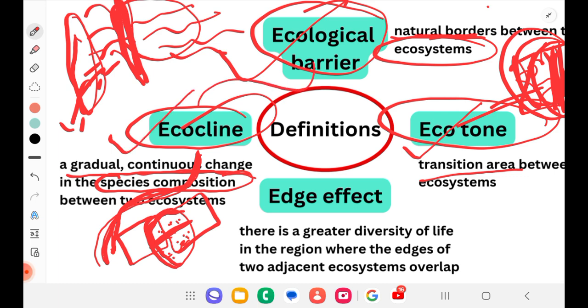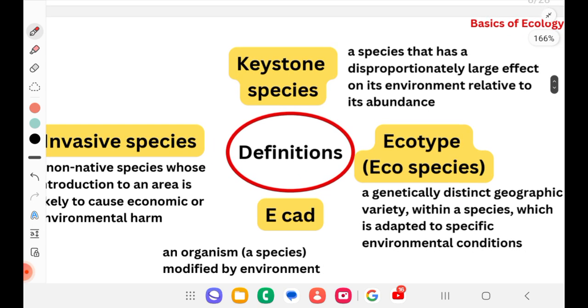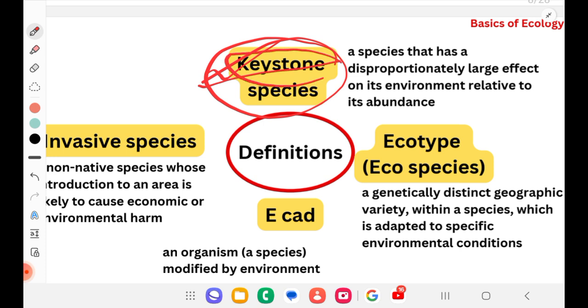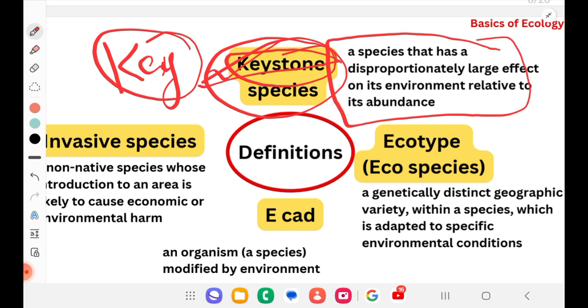Okay. Next we'll go for the remaining set of definitions. Keystone species. Now if you see the word itself, it's a keystone. That means something important, important species. What are those actually? Keystone species: a species that has a disproportionately large effect on its environment relative to its abundance.